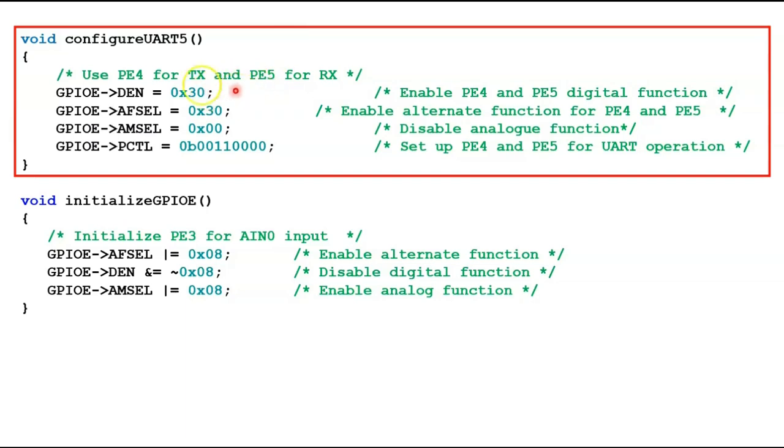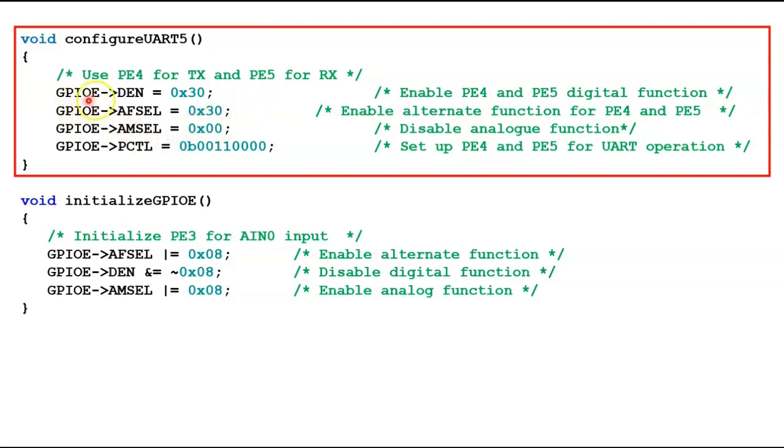Now these pins, PE4, that is port E bit 4, and port E bit 5, PE5, need to be set up correctly so that they can function as transmit and receive lines for the UART5.